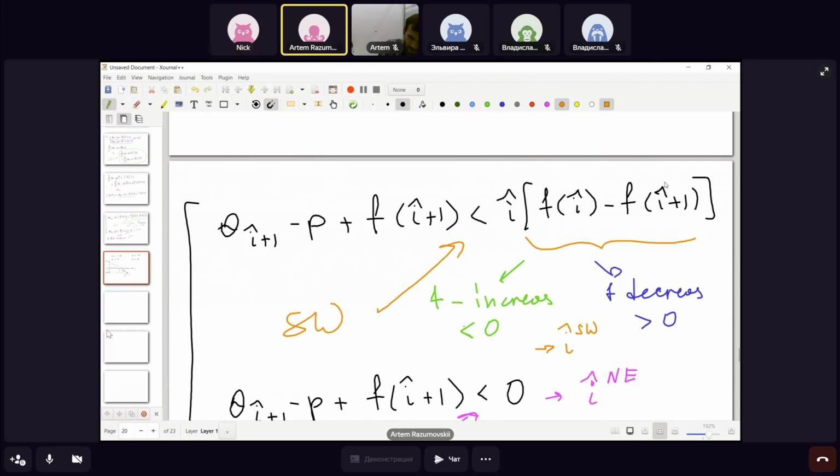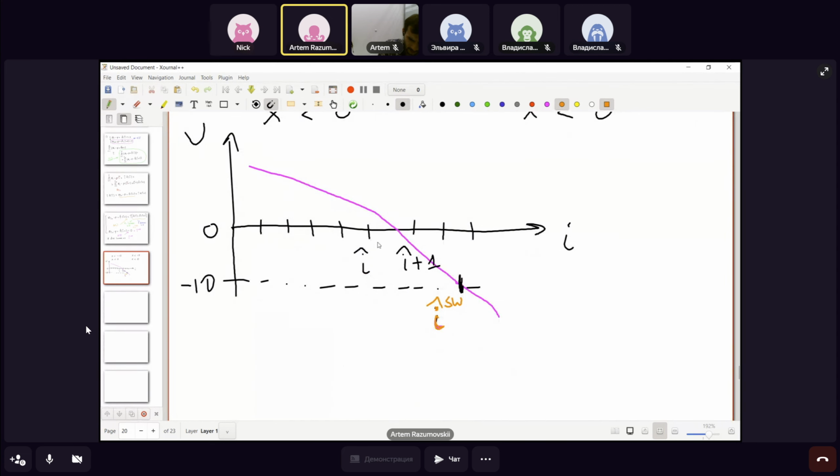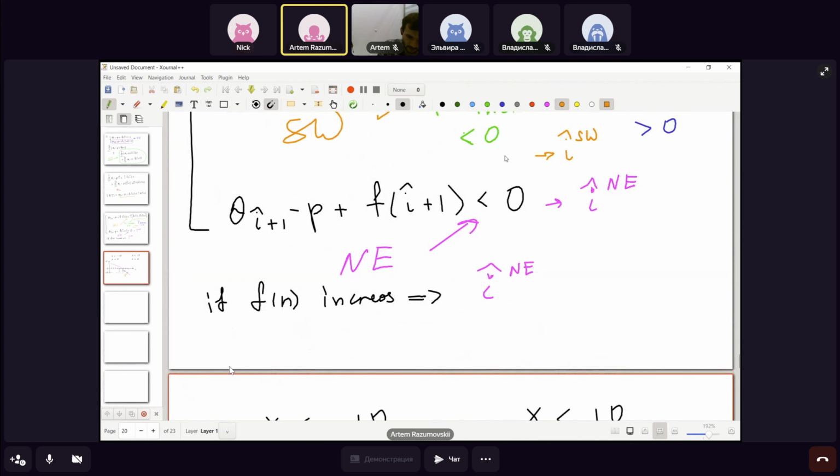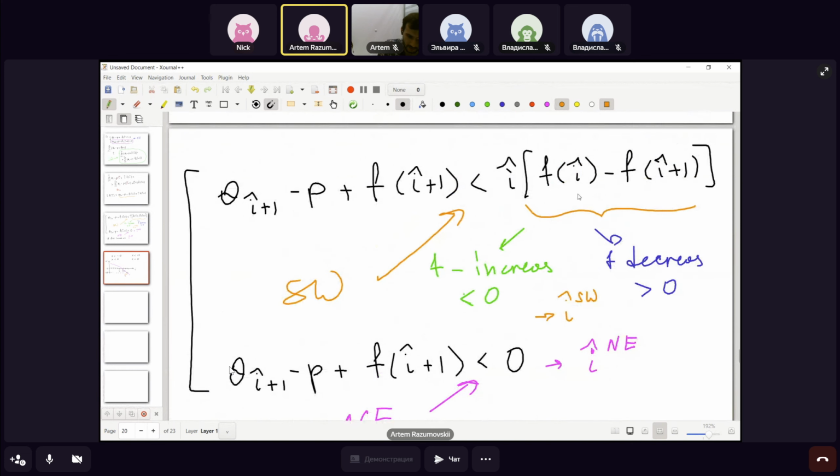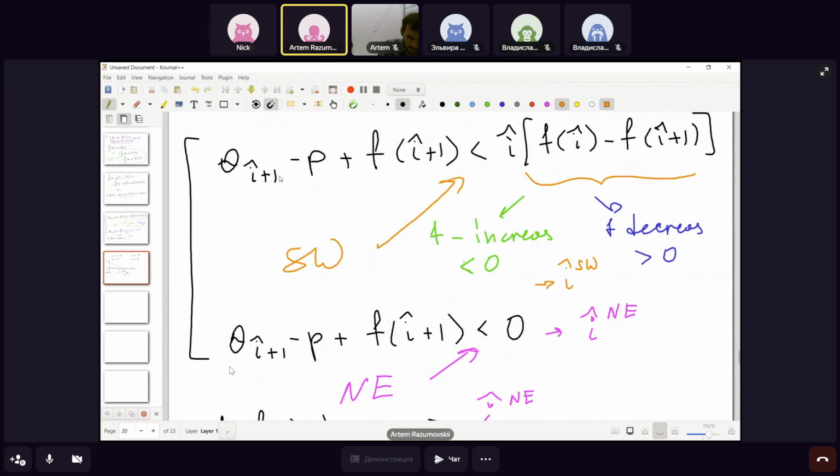That means that this is negative, right? Yes. This is negative, then we need to compare the last one with minus 10, not with 0, with minus something. Which means that the total utility of the last guy is now compared not with 0 as in Nash equilibrium, but with something negative. Yes, because this is the utility of the last guy who joins or who doesn't join. The first one who doesn't join.